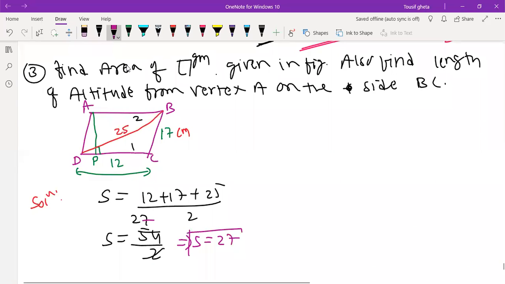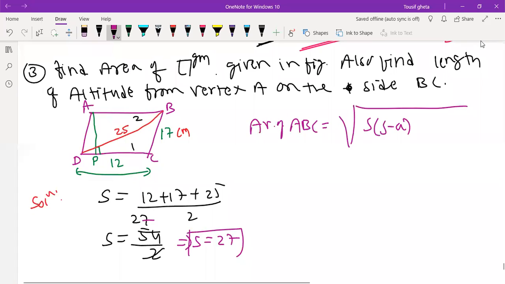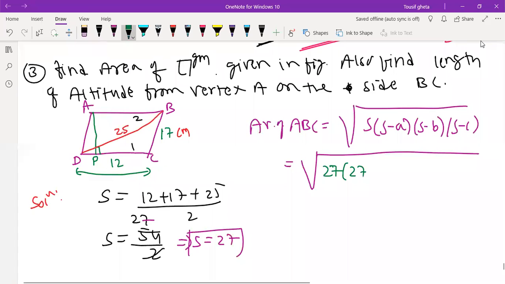Now you find out the area. Area of ABC is root of S into S minus A, S minus B, S minus C. S is nothing but 27. 27 minus 12, 27 minus 17, 27 minus 25. It is very, very important.